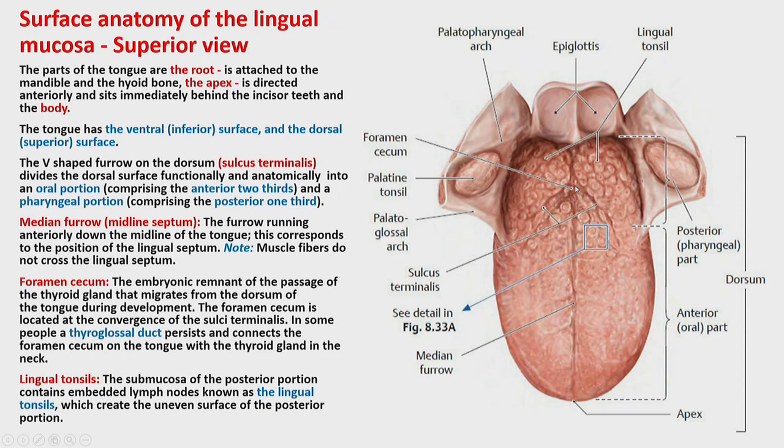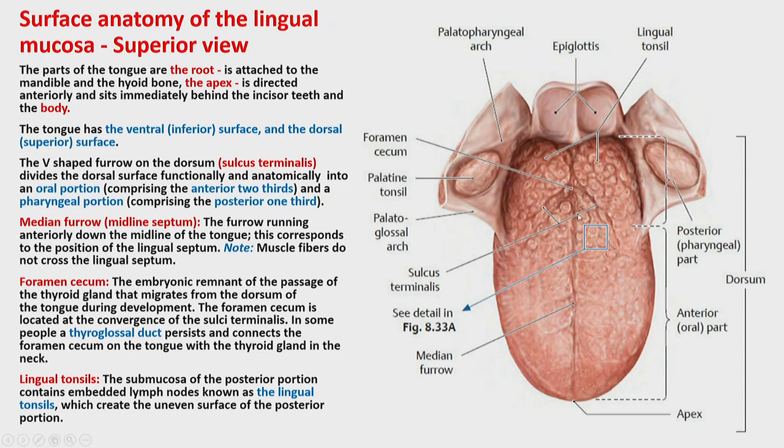Another interesting thing in the dorsal surface of the tongue is at the apex of this V-shaped sulcus terminalis. Here there is a foramen which is called the foramen cecum. This foramen cecum is the embryonic remnant of the passage of the thyroid gland during development.